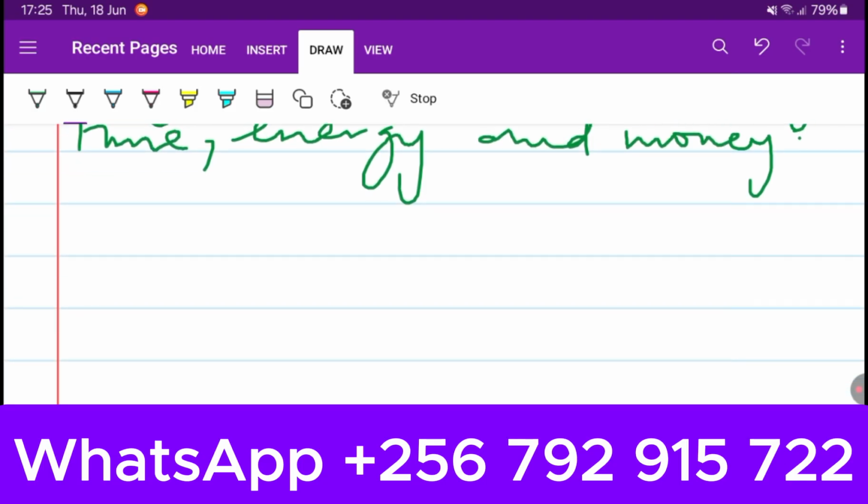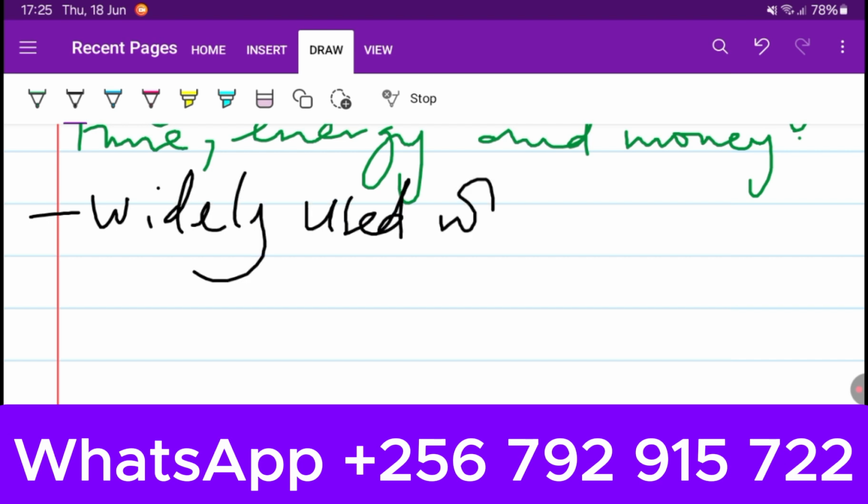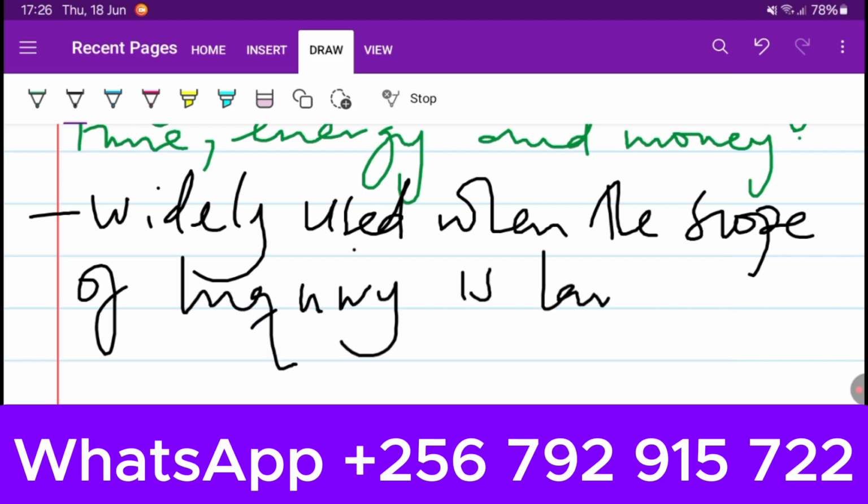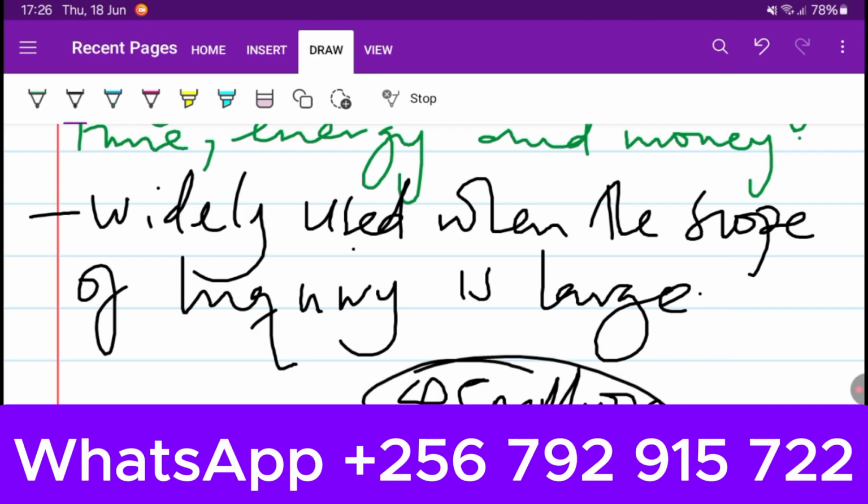Then the other thing is that it's widely used when the scope of inquiry is large. For example, if I'm studying a population of, let's say, 45 million, the whole country, this population is very large.